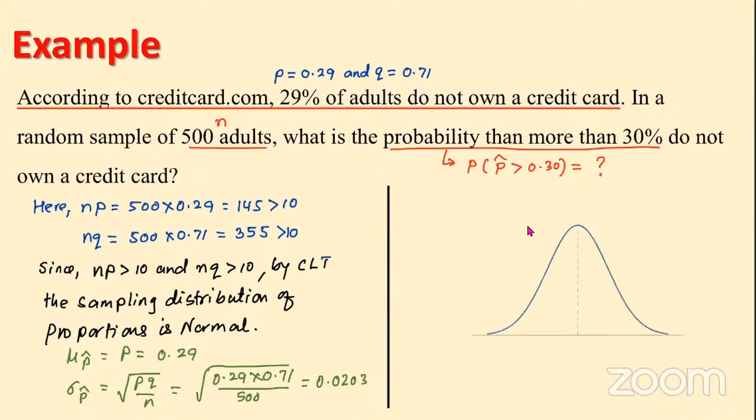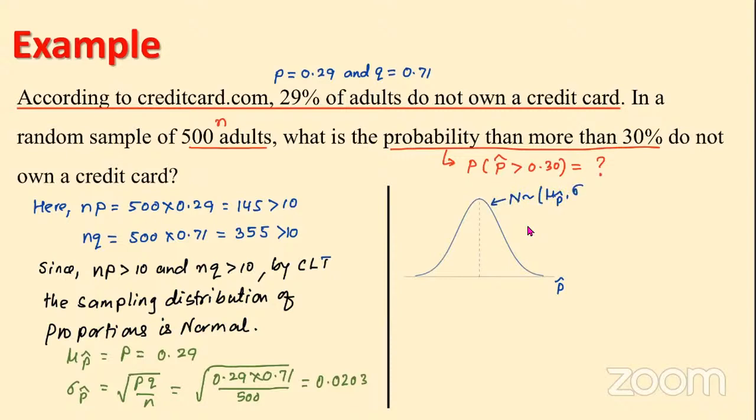Suppose this is my normal distribution of the proportion. We have the proportions p hat along the x-axis. This is the normal distribution where the mean is mu sub p hat and the standard deviation is sigma sub p hat. In the middle, we have the mean, which is 0.29.